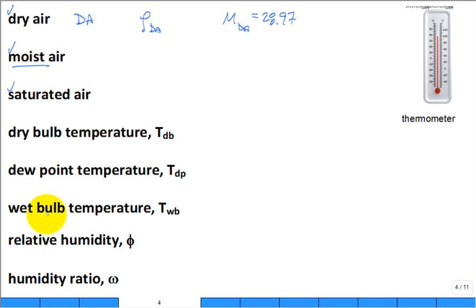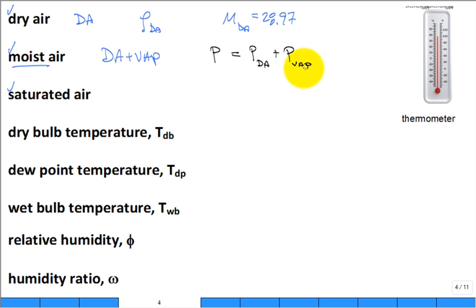Okay, then you have moist air. Well, that's what we're breathing, moist air in this room. What's the difference? You have some water vapor in it. So it's dry air plus water vapor. And right away the partial pressure concept comes in. The total pressure of the air in this room is the sum of the dry air contribution, the partial pressure attributed to the dry air, plus the partial pressure due to the water vapor.